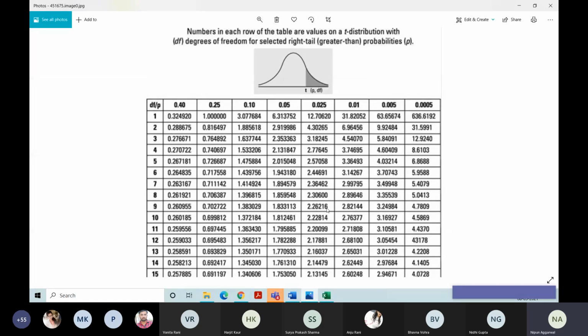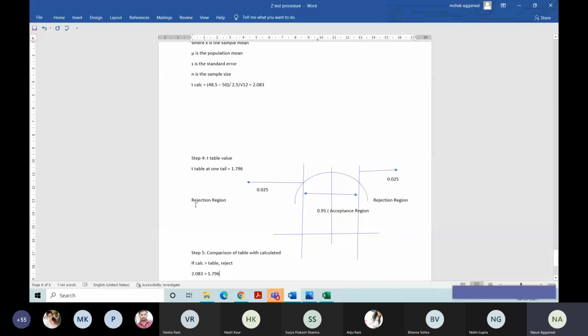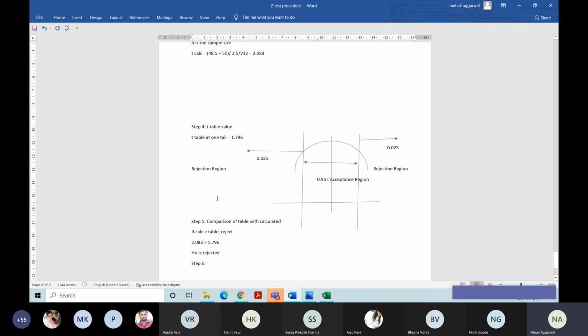So we are accepting our null hypothesis, as our calculated value is less than the table value. That means the mean weight of our copper wires is equal to 578. So between 572 and 578 there is no significant difference. That is your interpretation of it.